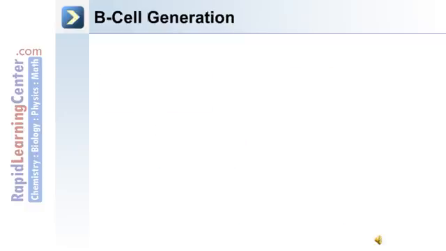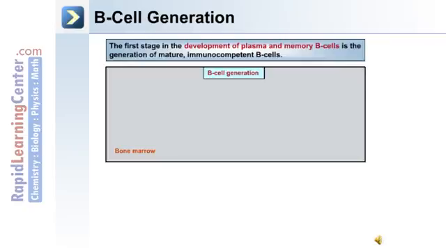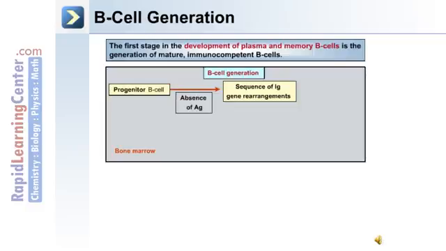The generation of B cells. The first stage in the development of plasma and memory B cells is the generation of mature immunocompetent B cells. This takes place in the bone marrow. Progenitor B cells, in the absence of antigen, undergo a sequence of immunoglobulin or Ig gene rearrangements.